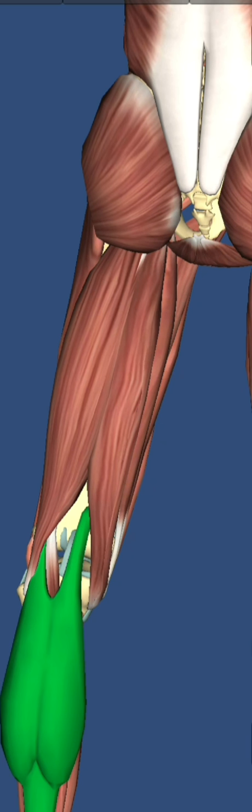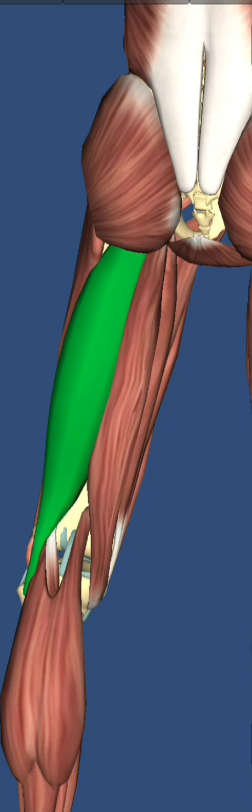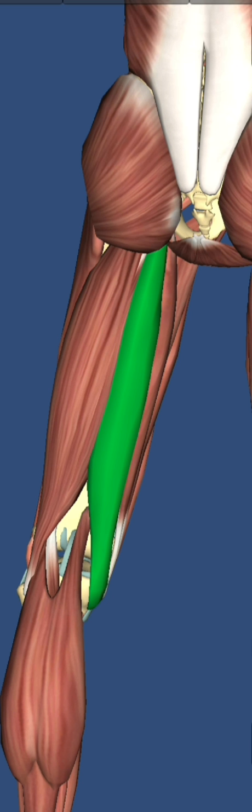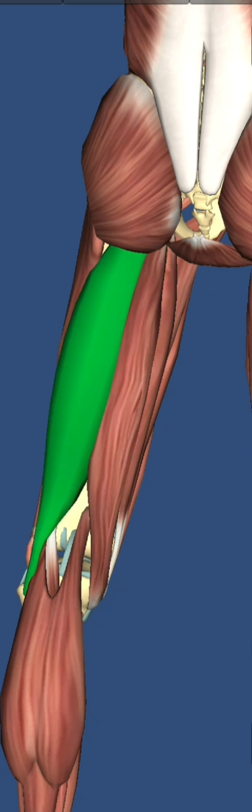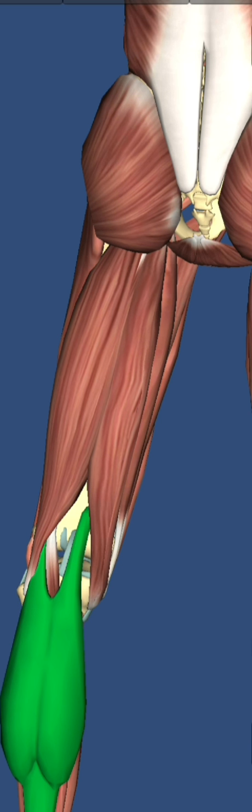Now, the superior-medial border is formed by the semimembranosus, while the superior-lateral border is formed by the biceps femoris. Now, the inferior-medial border is actually formed by the medial head.